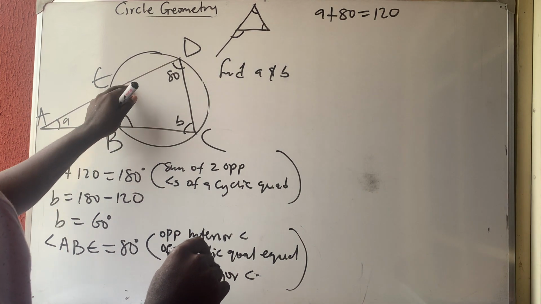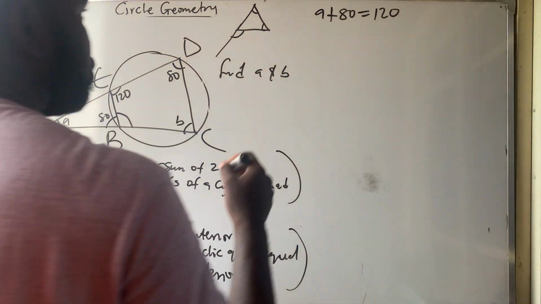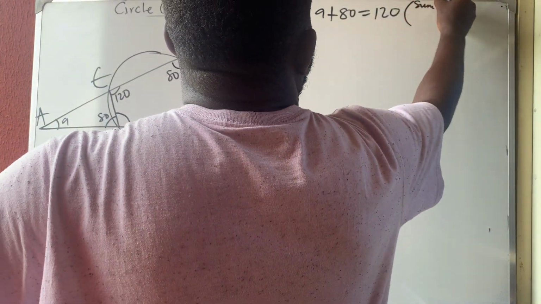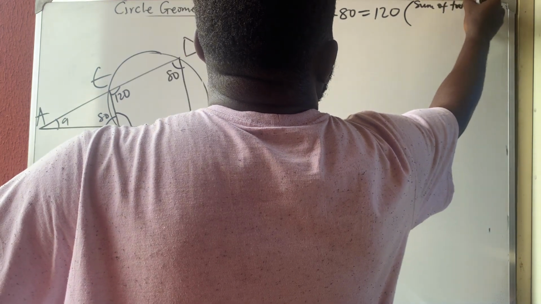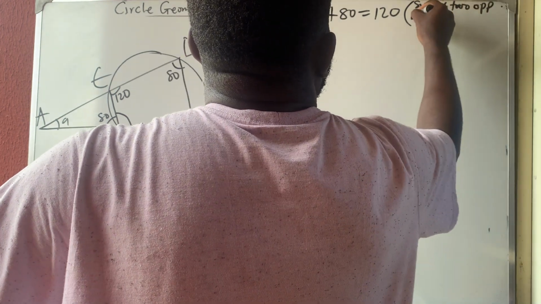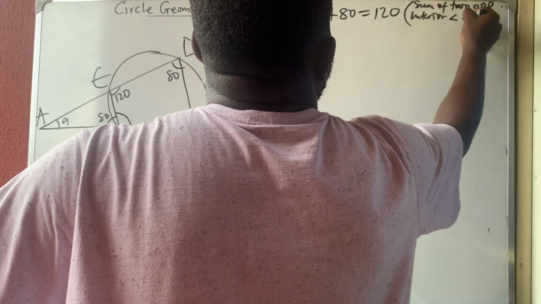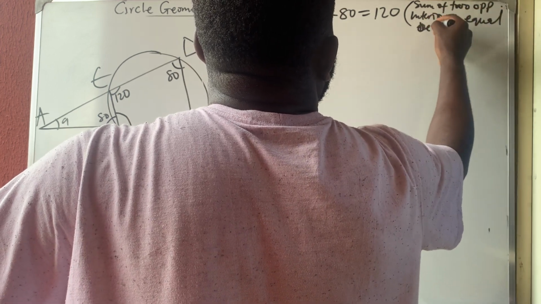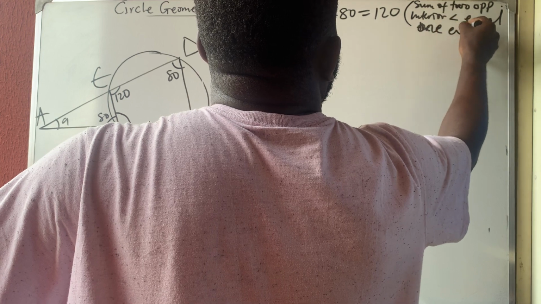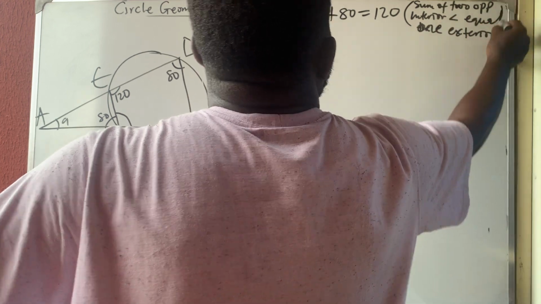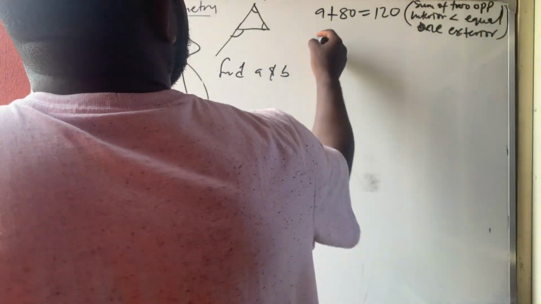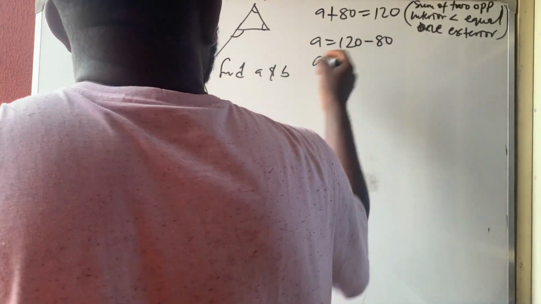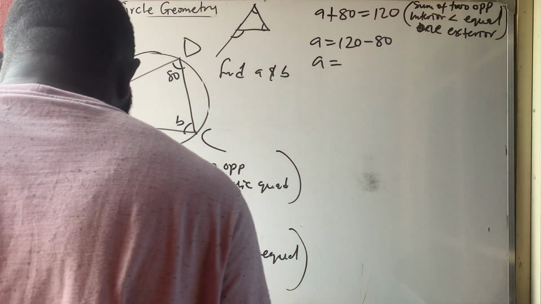It is called the sum of two opposite interior angles equals one exterior angle. Therefore my A is equal to 120 minus 80. So my A is equal to 40 degrees.